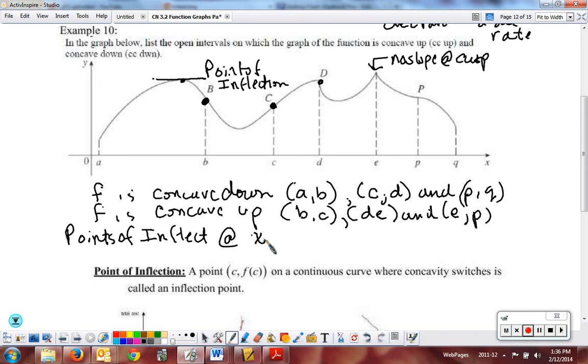X equal to B, C. Yeah, because it's down and then up. Doesn't matter that it's a cusp, it just needs to switch. And it has to be a point. So D. What about E? E's a cusp, but does it switch? No, it's up and then up, not a point of inflection.